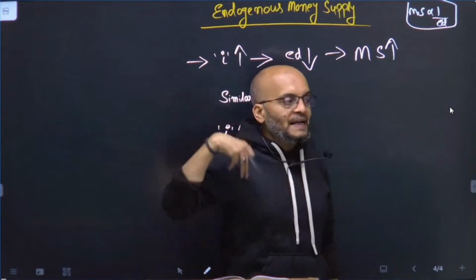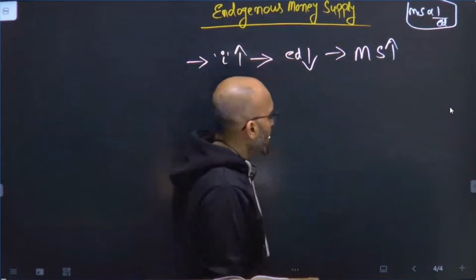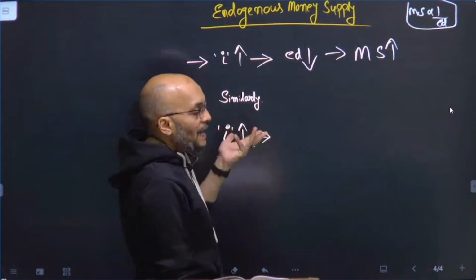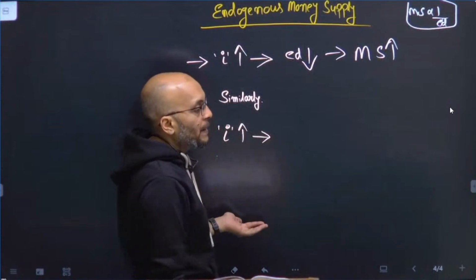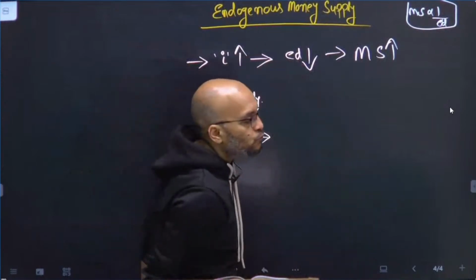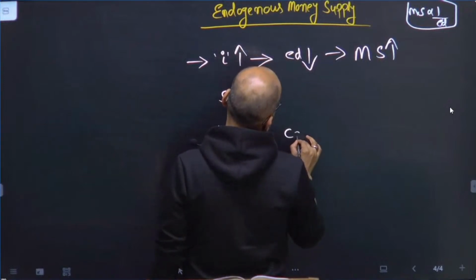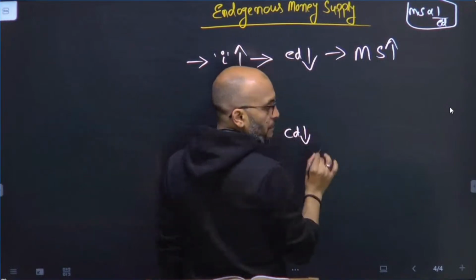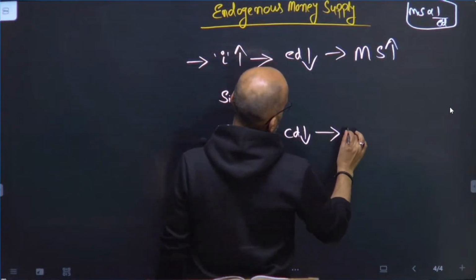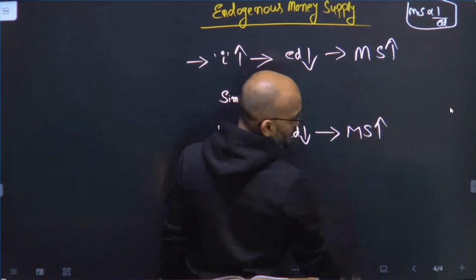Interest that public gets on the deposition of money with banks. Right. So if public will start getting more money as interest, so what will happen? Public will deposit more and more money into the banks. So your CD, cash to deposit ratio, will decrease. And if that will decrease, then MS will increase.